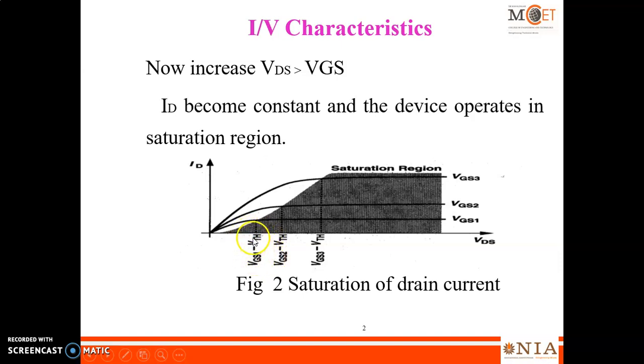So this is your first value, this one second value, and this one third value. After this particular limit, this drain current won't follow this parabolic behavior. After this, the drain current will get saturated and becomes constant. So now you can say that this particular device operates in the saturation region. That means the drain current gets saturated if the drain to source voltage gets increased above gate to source voltage.